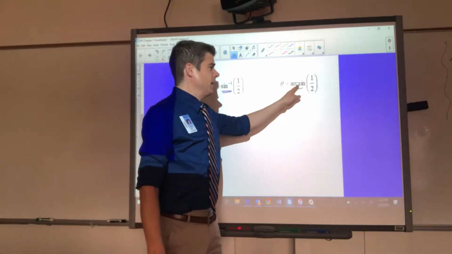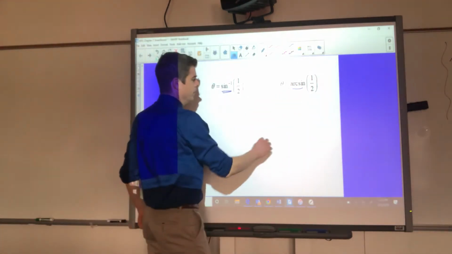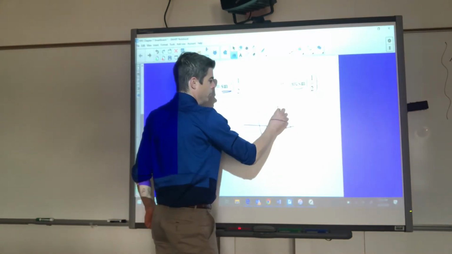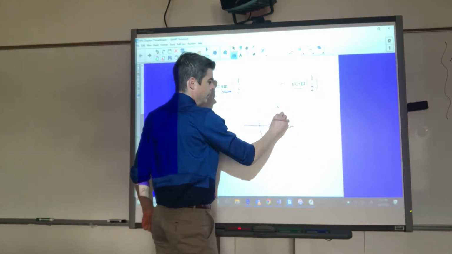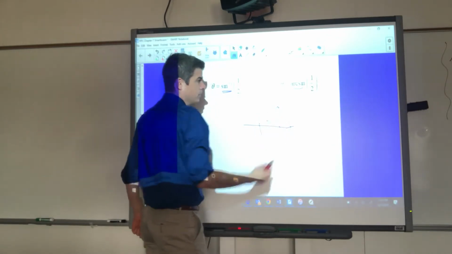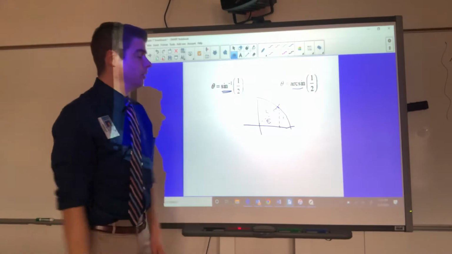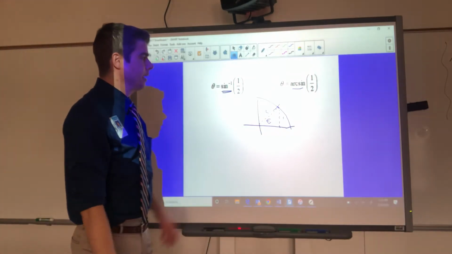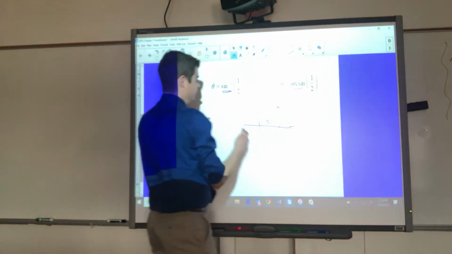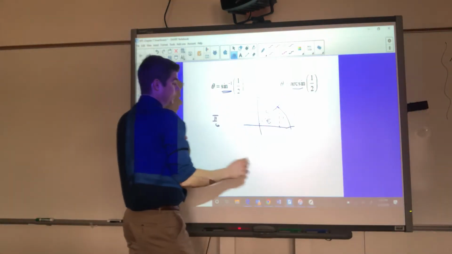It also refers to an arc on the unit circle who, when you construct that angle back down, has a sine ratio of 1/2. So it gives a nice geometric reference to where that name came from. Now, the answer to this is either 30 degrees or pi over 6, but that's it.